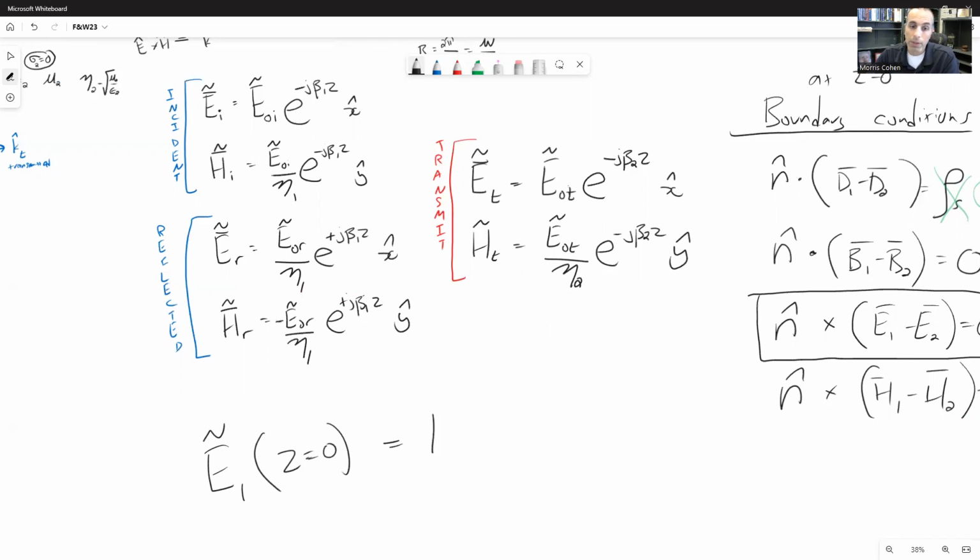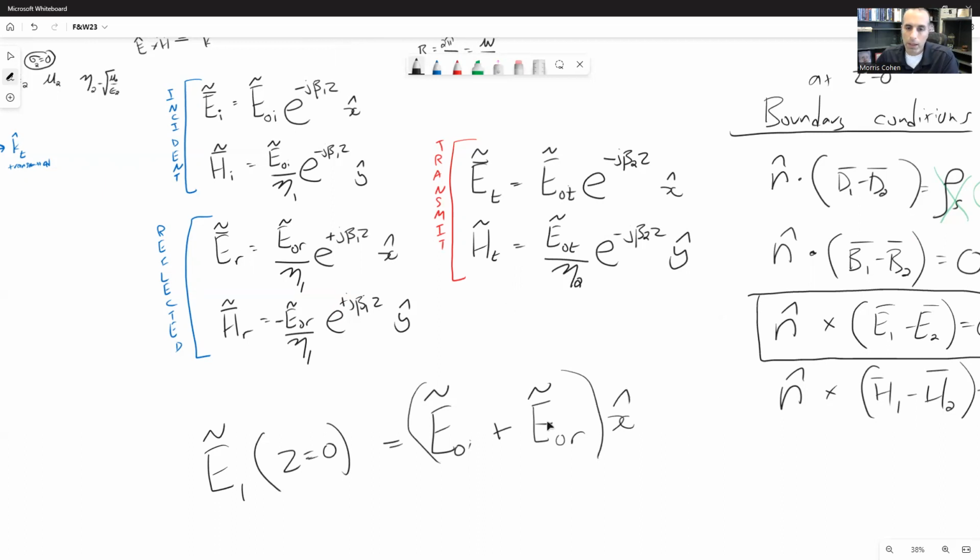So it's going to be E0I plus E0R as a phasor, right? Again, take this electric field, set z equal to 0, so its complex exponential disappears. And this is oriented in the x direction.